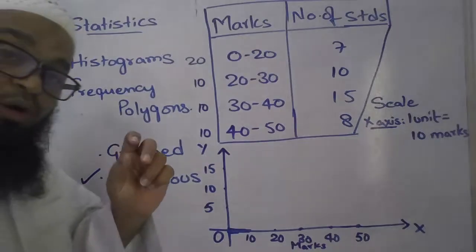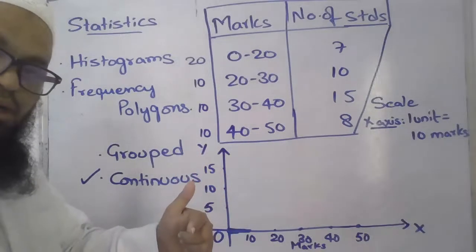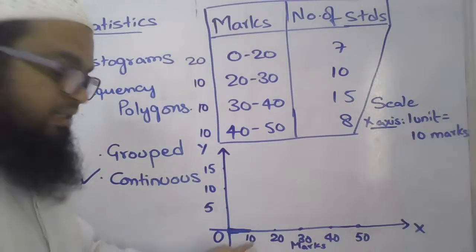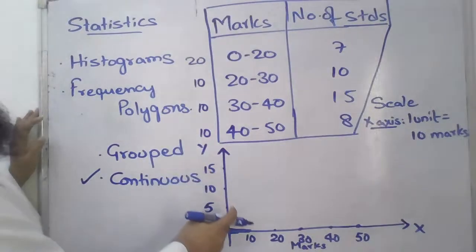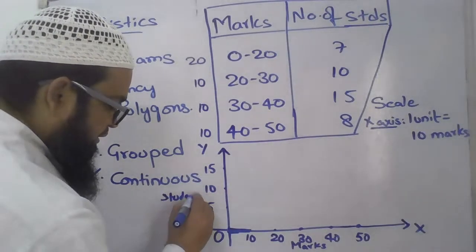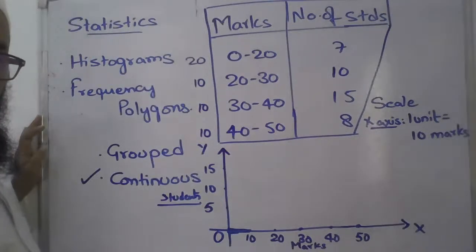Whenever you read a graph, the same thing will be asked to you. What does the x-axis represent? The x-axis represents marks. And what does the y-axis represent? The y-axis represents students. If you have space, you write it horizontally or you write it vertically.